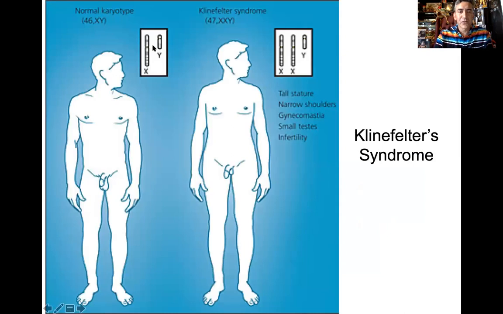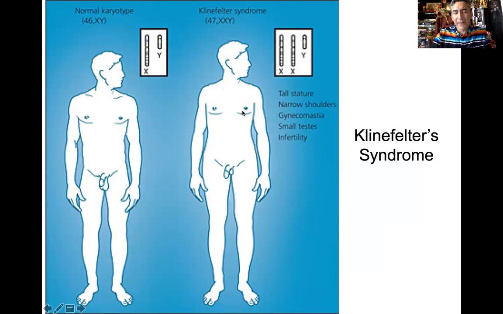There's some other characteristics. So here's a normal XY male. This is an XXY male, right? So again, they're male. They're not hermaphrodites, or they're not gay necessarily. This has nothing to do with sexual orientation. This is only anatomical formation. So if you notice, they're taller, they have narrow shoulders, related to the two X's.